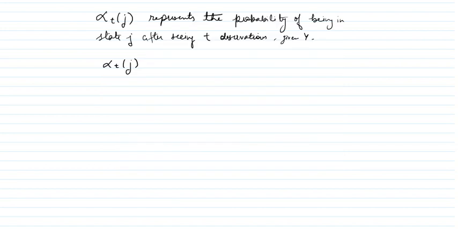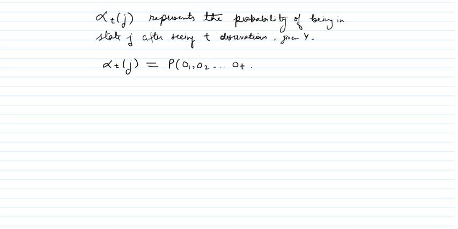So I can write this alpha tj as actually the probability P of O1 comma O2 dot dot dot up to O of T, right? At alpha T I have seen T observations, right?